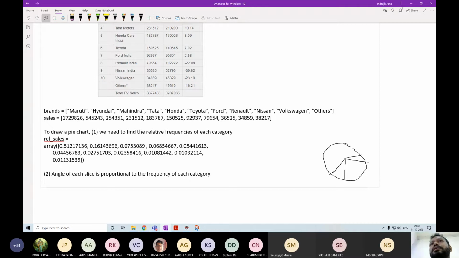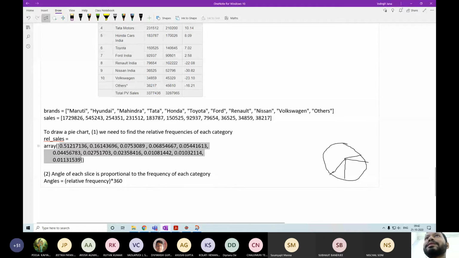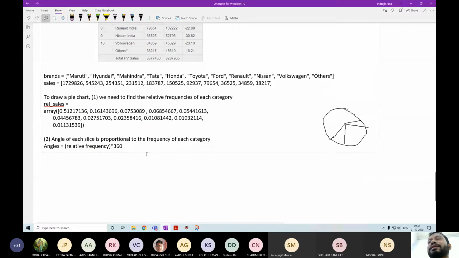So if you want to find the angles, the formula would be the relative frequency times 360, right? Because if you add up everything, you get 1, and these are the proportion of 360 degrees, and that angle will be assigned to each of the categories.